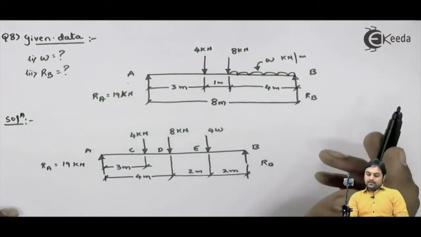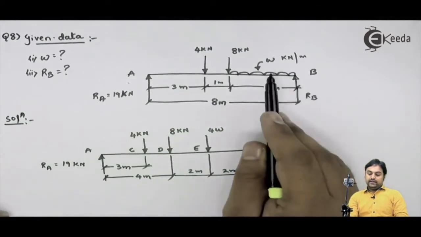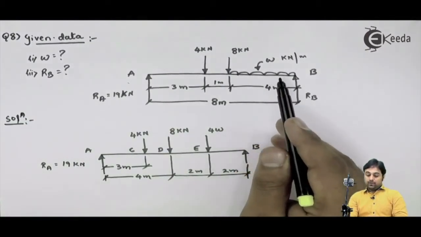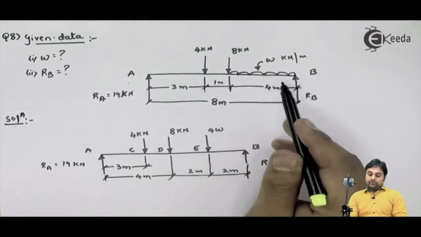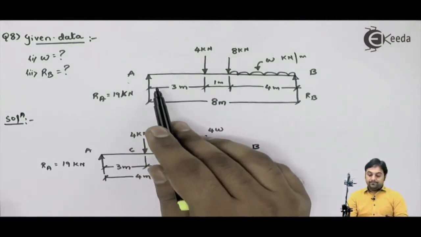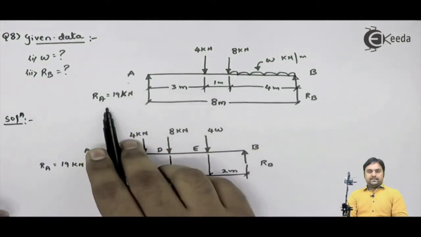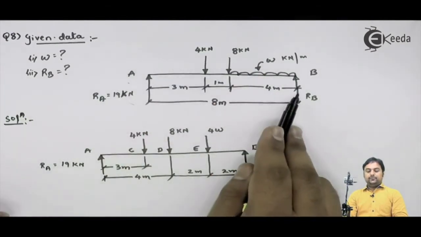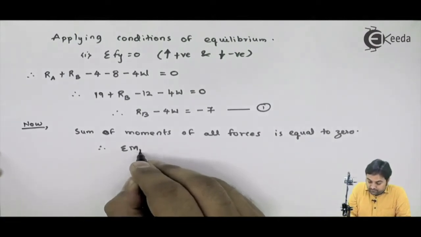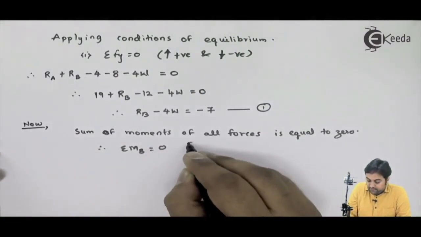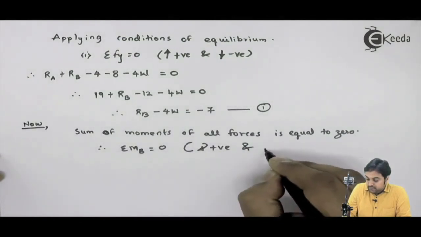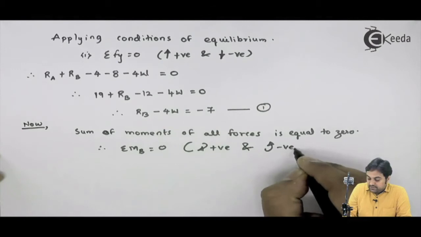Is that clear? Now, Rb is the unknown, and at the same time we are having W as the unknown. So now, since Ra is given, we will be calculating the moment at point B. So I'll say that summation of moments about point B is equal to 0, where all clockwise moments are positive and all anti-clockwise moments are negative.